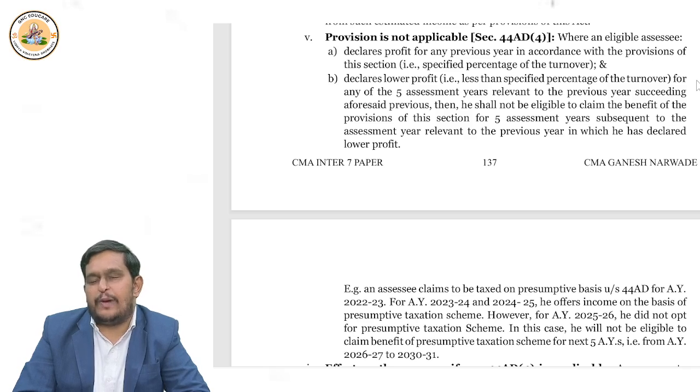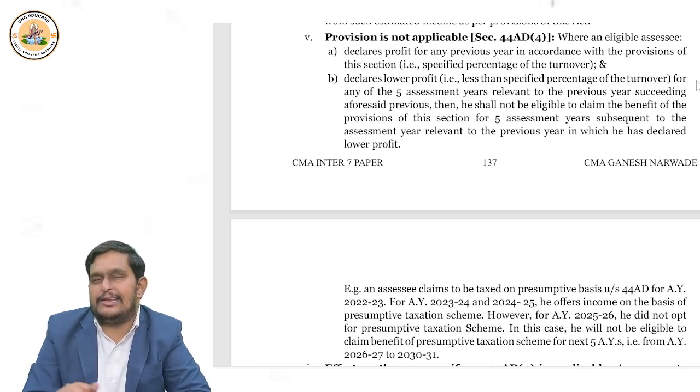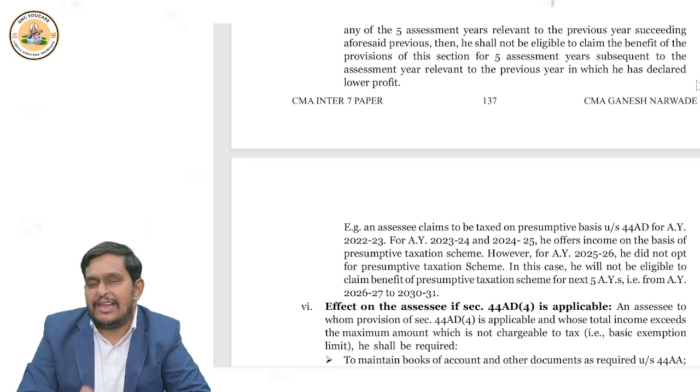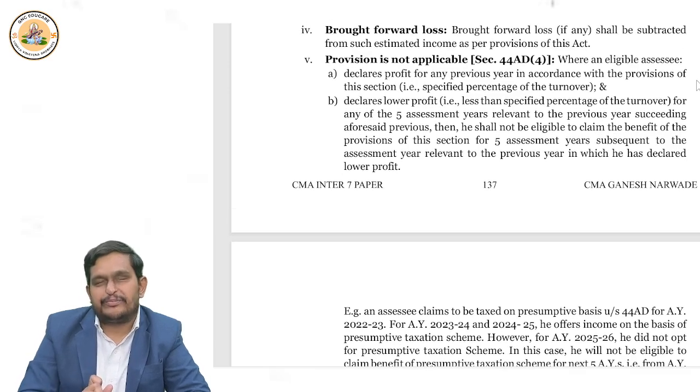In 2025-26, you filed under the normal PGBP provisions. Then for the next 5 years, you cannot compute the income under 44AD and file ITR 4. So if in 2025-26 you decided to file under normal provisions, then from assessment year 2026-27 to 2030-31 you are blocked from computing income under 44AD and filing return under ITR 4.